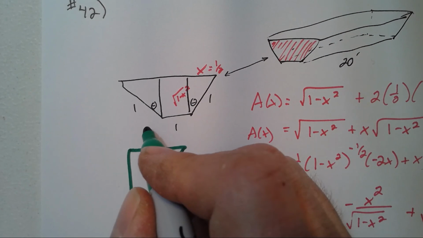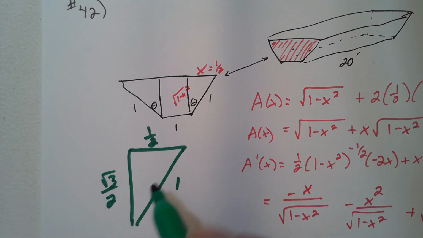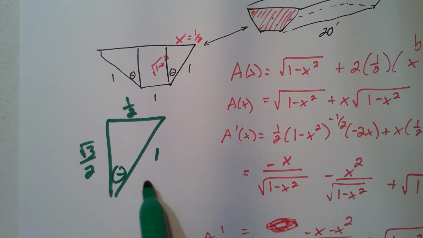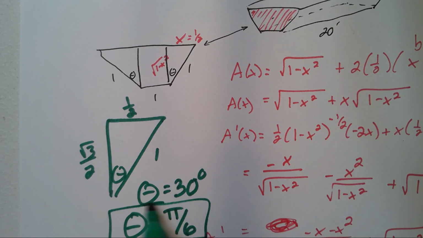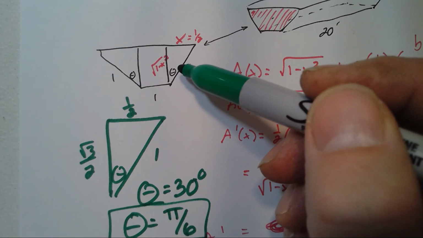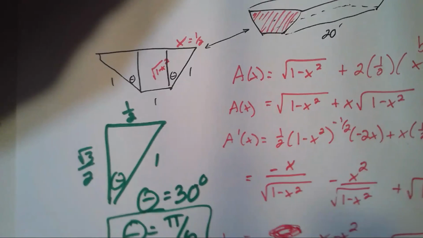This is 1/2, that's 1. Well, that's the square root of 3 over 2. So if we're trying to find theta, that would be 30 degrees or pi over 6. That would produce the maximum. It's obviously not the minimum if it's 30 degrees. So pi over 6.